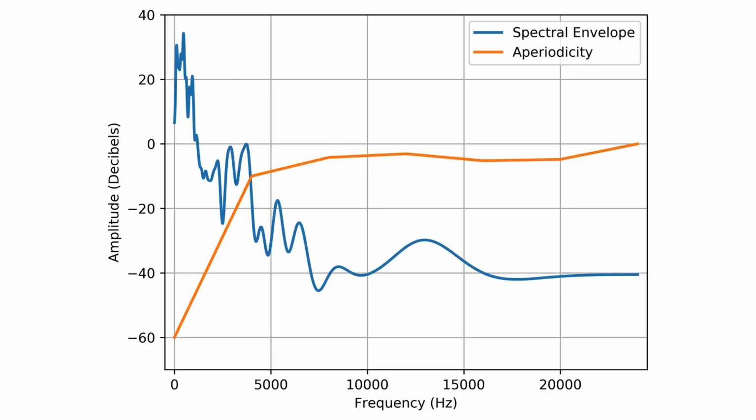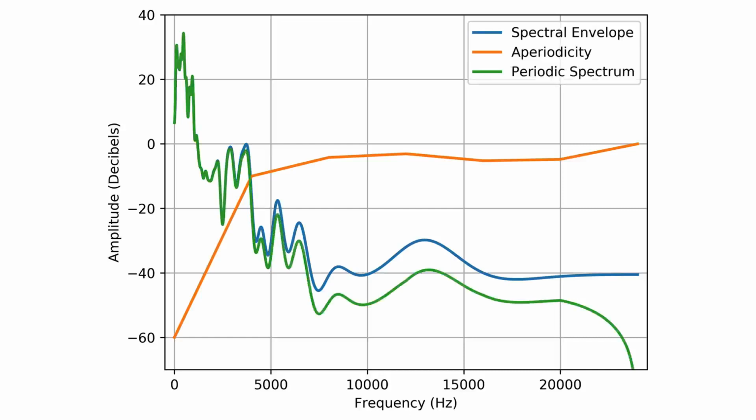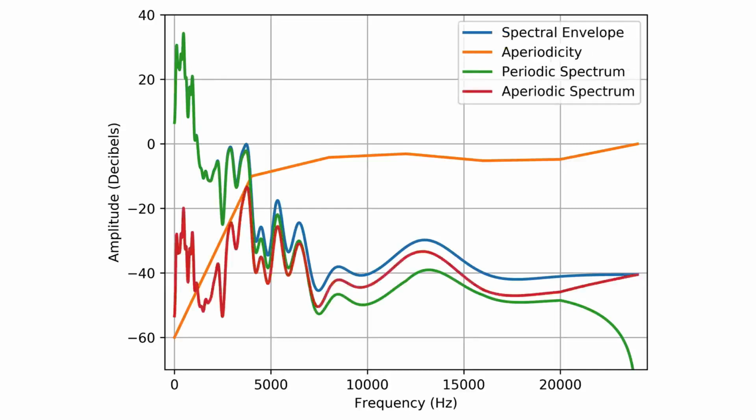With some mathematics, which WORLD does in the code, it produces the periodic spectrum, which is the green line, and the red line, which is the aperiodic spectrum. The green periodic spectrum has more energy in low frequencies, and in high frequencies it has less energy than the aperiodic spectrum.